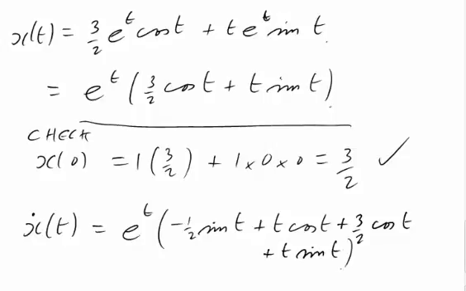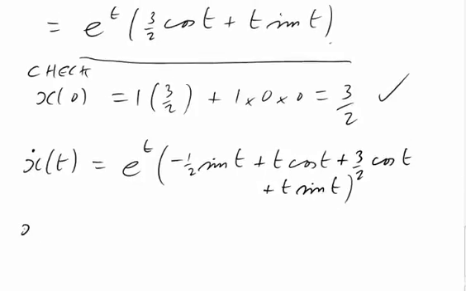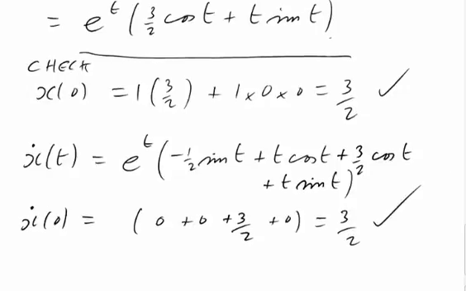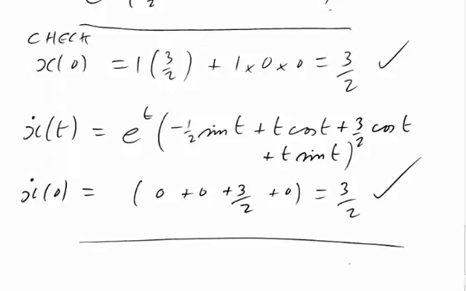I've had to use the product rule there. When we put t equals 0, we get e to the 0, that's 1 again. Then we get minus a half times sine, that's 0. T times cos, that's 0. 3/2 cos, but cos of 0 is 1, so that's 3/2. And then the last t sin t is also 0. So that one is 3/2 as well, and that checks out. I'll leave you to check the actual differential equation works.